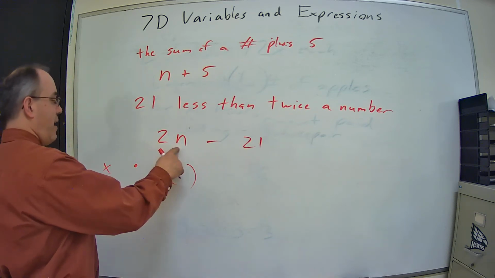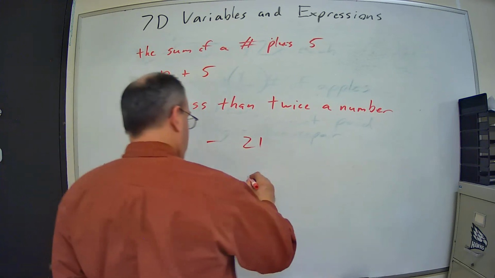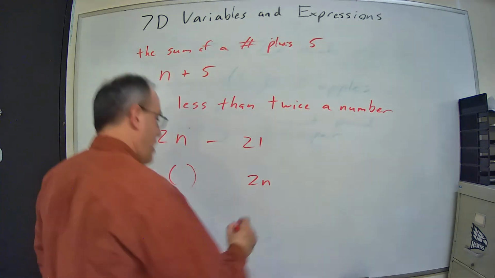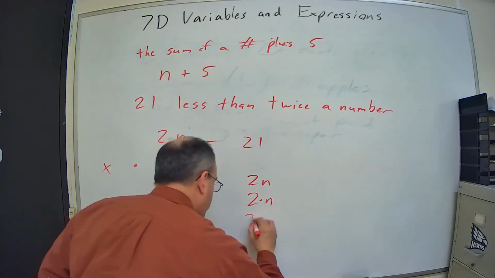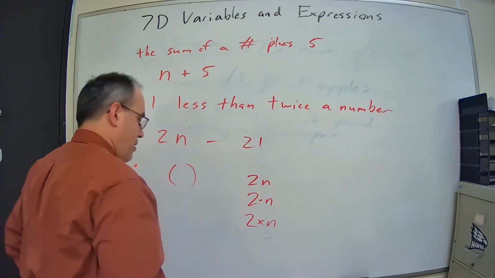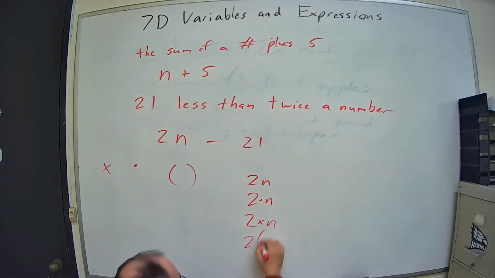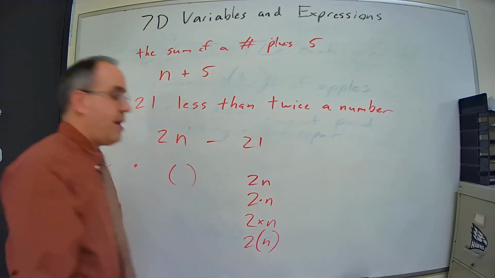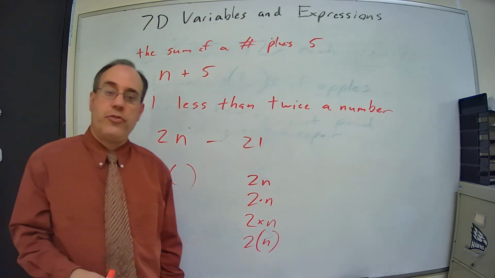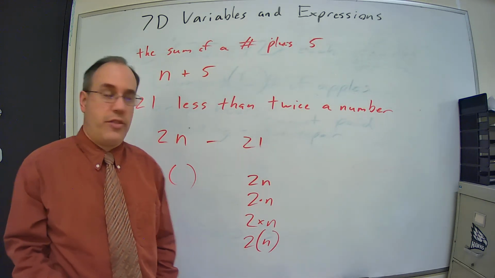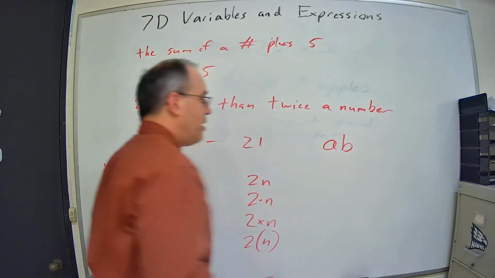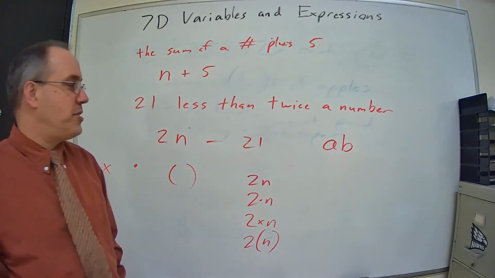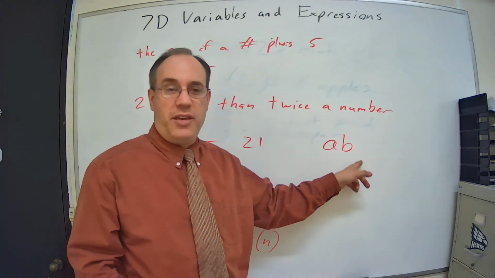So 2n is the same as 2 times n. So when variables are involved, you can put them right next to each other. In fact, I can do a, b, these two variables, that says a times b.